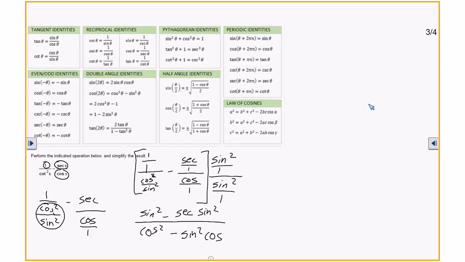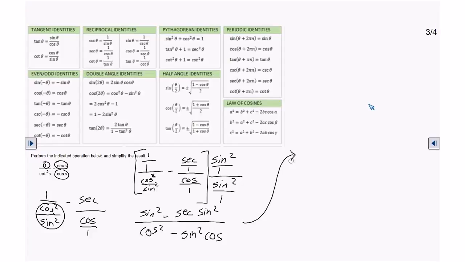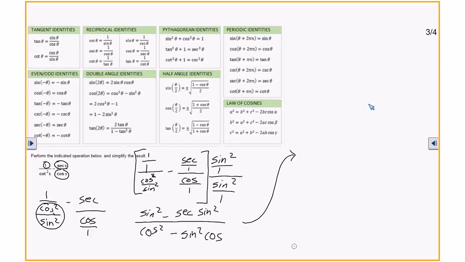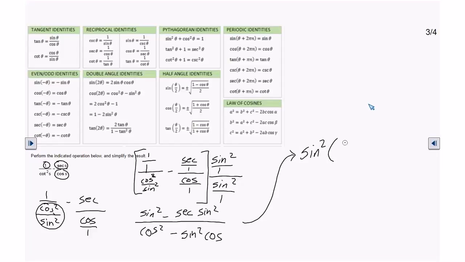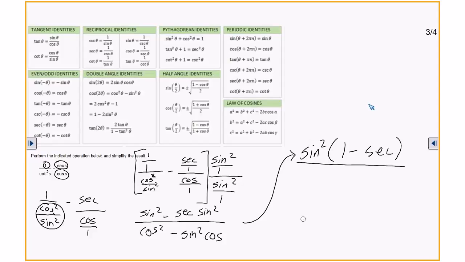Factor out a cosine on the bottom, factor out a sine squared on the top. I'm looking to see what happens here. And we get sine squared on top. That will leave us with 1 minus secant. And cosine on the bottom.